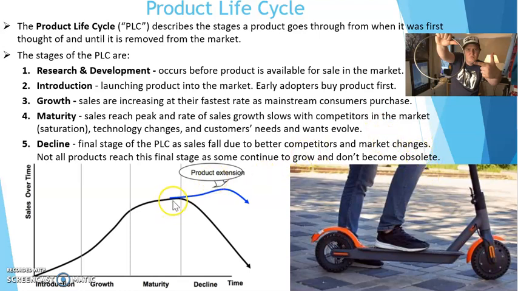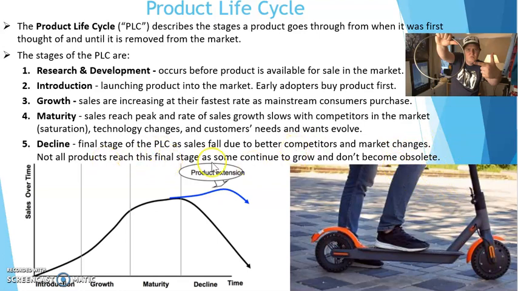And the product sales will continue declining until it reaches a point where it's simply uneconomic for the business to continue offering that product for sale, and they'll withdraw it from the market altogether. And we'd call that the product becoming obsolete. So it's no longer adequate or satisfying the needs and wants of consumers.